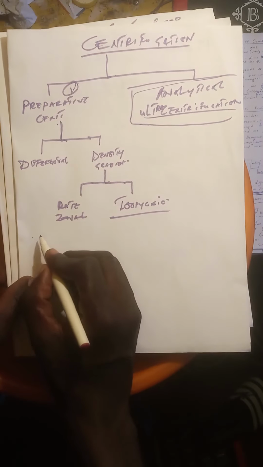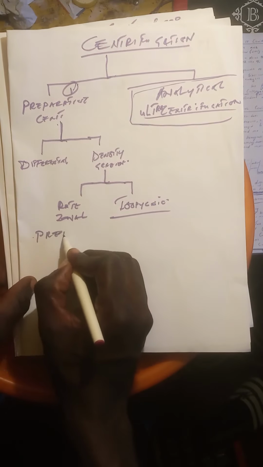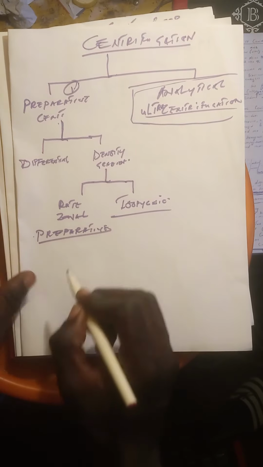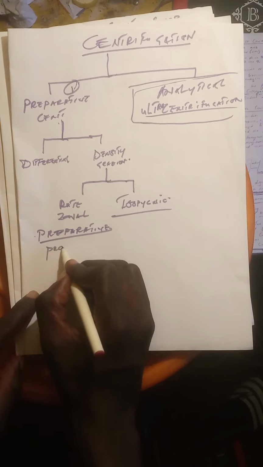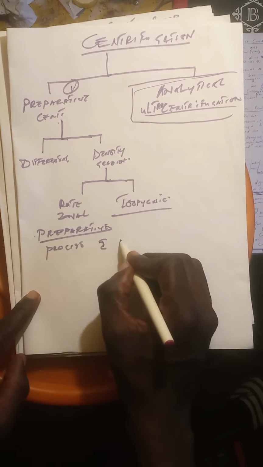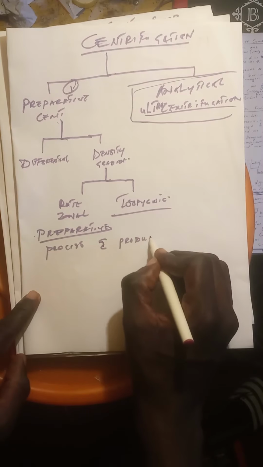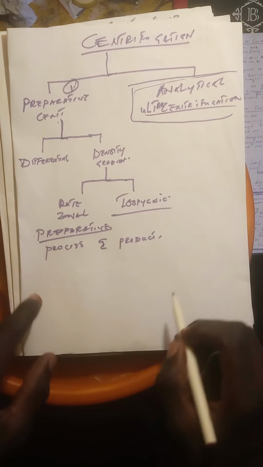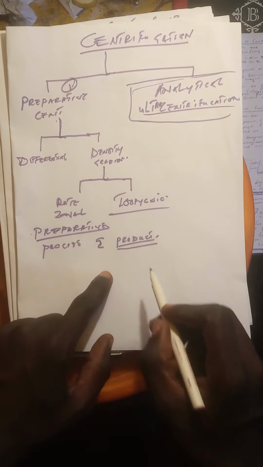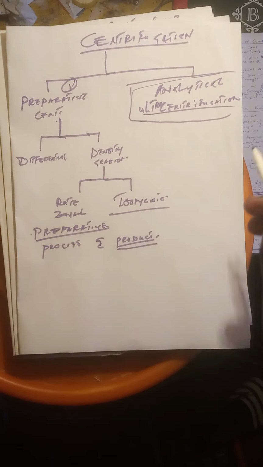So in preparative centrifugation, both the process and the product are important. Both the process of centrifugation and the final end product result that we get is important.